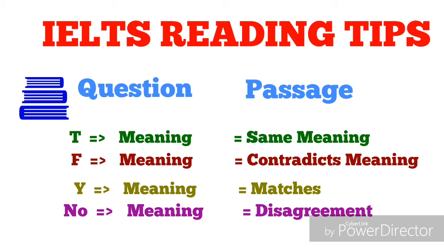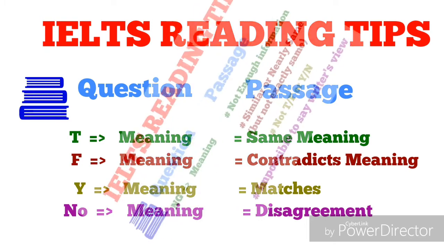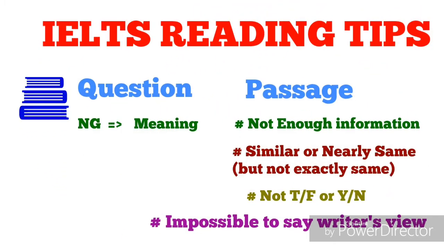We can also say that in a true false not given question, the answer can be not given if the question presents information which is not mentioned in the passage, or if it is mentioned in the passage but is not clear or not clearly opposite to the information in the passage.